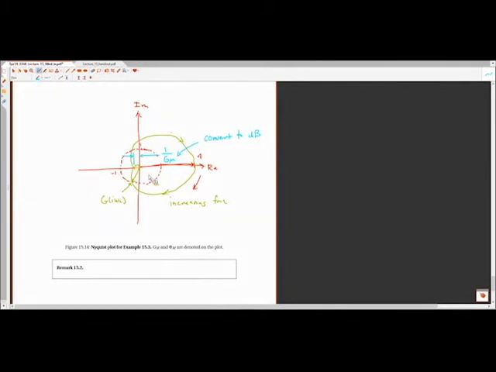So the gain margin is what we could change the gain to be before we get instability. Right, so it has nothing to do with what the gain actually is.